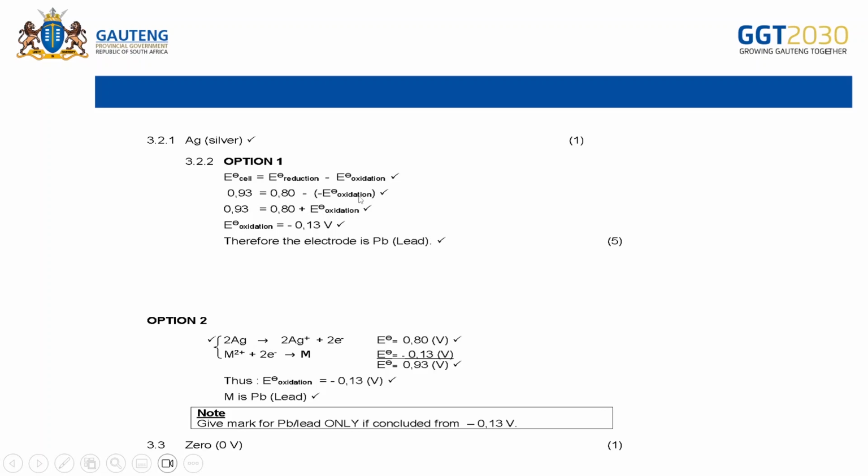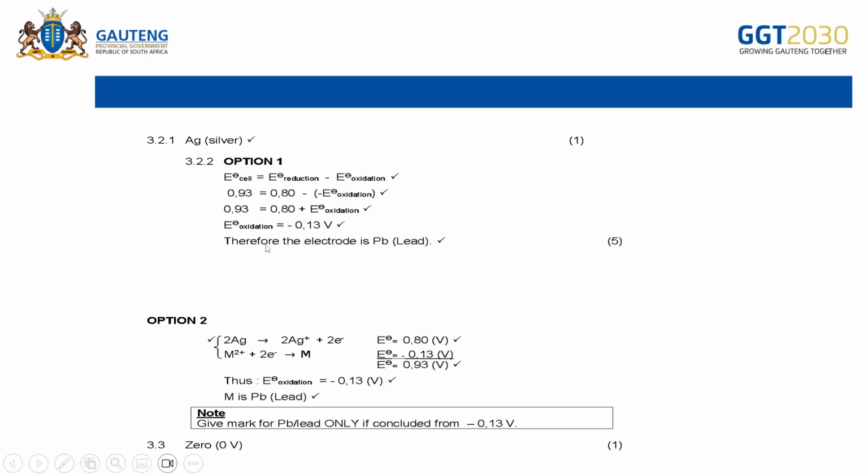You go to your standard reduction potential table and check silver. Silver was found to be 0.80, and then minus oxidation. Why are we saying minus oxidation? Because we know that on electrode M, that's where oxidation is taking place, but we don't know what M is. So you make oxidation the subject of the formula. The answer is 0.13 volts.